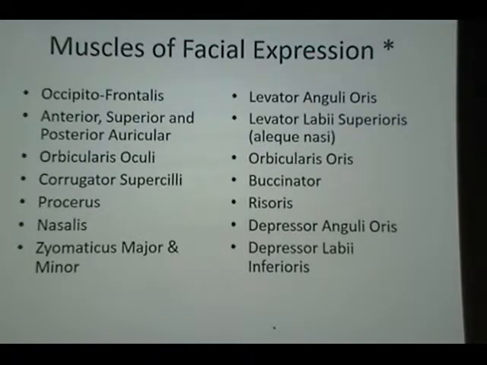Alaeque nasi refers to the ala of the nose, so it pulls from the corner of the nose. There are three muscles that join. One of them, the zygomaticus minor, joins the levator labii superioris from the lateral side. The alaeque nasi is along the lateral border of your external nose, and that joins it from the medial side. Those three muscles together help to elevate the upper lip.